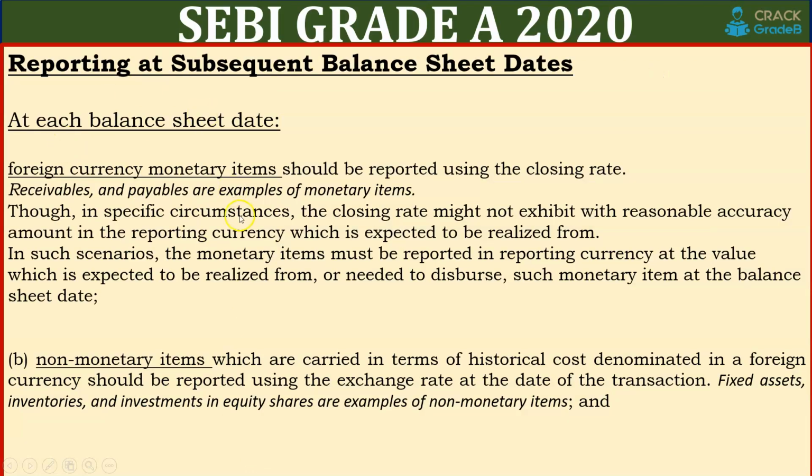So the treatment that they have shown us, that when you are preparing the balance sheet, though in specific circumstances the closing rate might not exhibit with reasonable accuracy the amount in the reporting currency which is expected to be realized, in such scenarios the monetary items must be reported in reporting currency at the value which is expected to be realized from or needed to disburse such monetary item at the balance sheet date. Alright, so for monetary items they have said, you can see the very first line, that they should be reported using the closing rate.